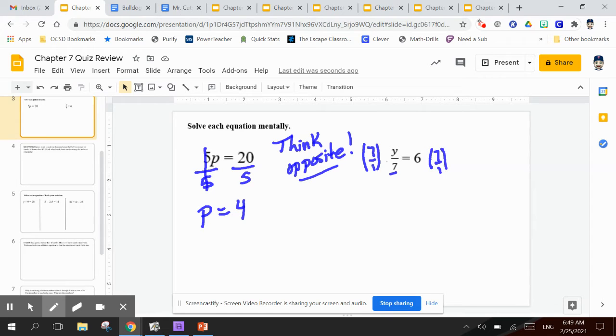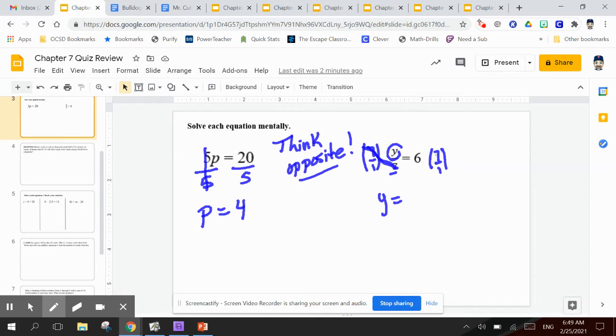So when 7 over 1 times Y over 7, my 7's cancel out. That's my simplify before I multiply strategy. So I simplify, 7 cancels out 7. I'm left with my Y value.